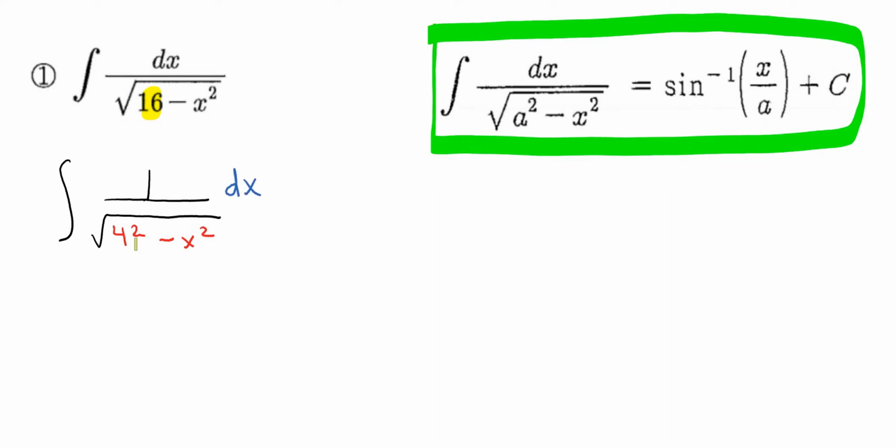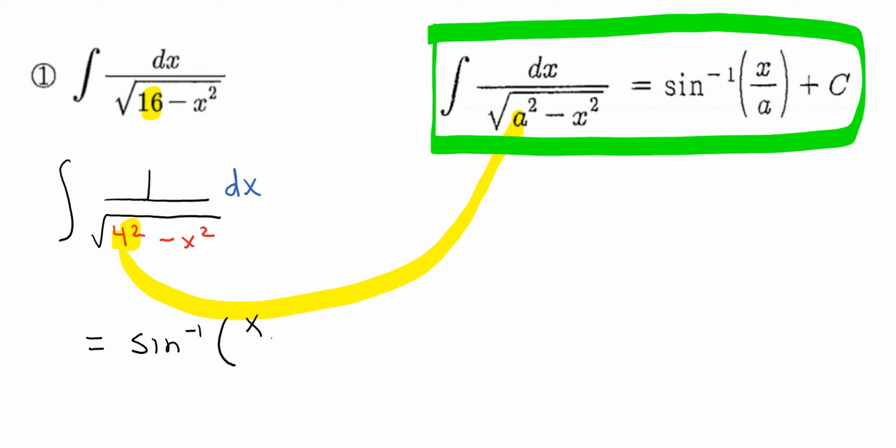And now this looks very similar to the formula here on the right hand side, because now the a value is going to be 4. So if I follow the formula, it would be the inverse of sine, x divided by a, and the value of a was 4, so x divided by 4, and then plus c. And that's it.